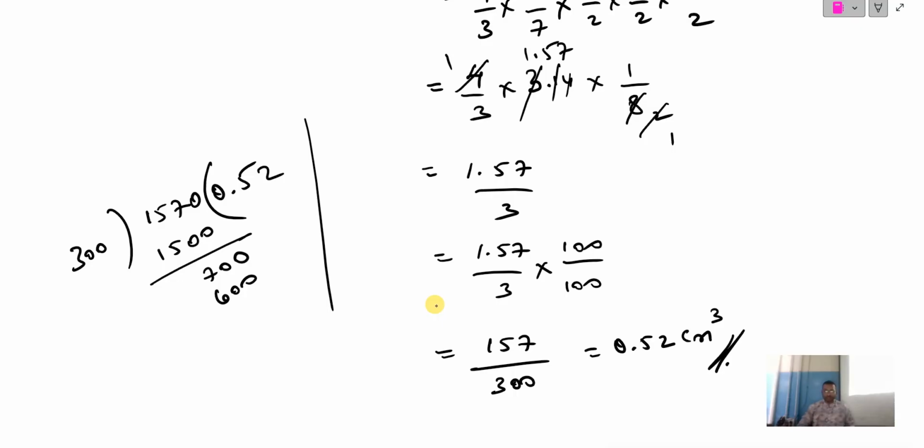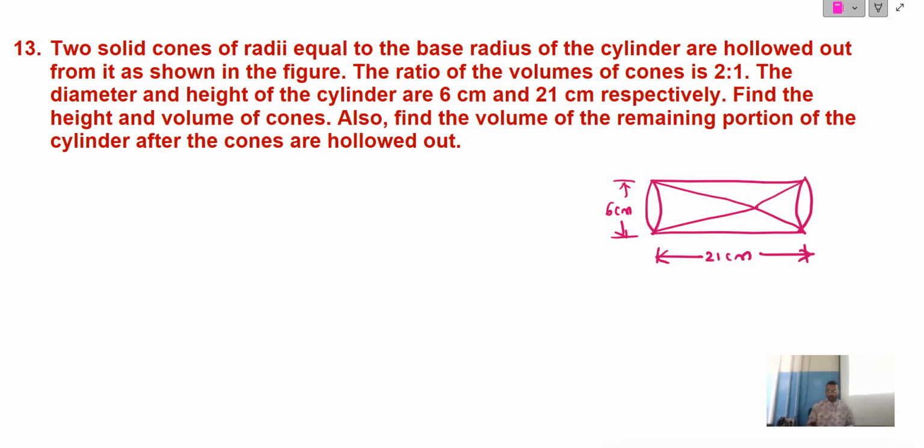Observe it. Let me study step by step. We have two solid cones. As you can see, here we have one bigger cone and here we have one smaller cone. What is the condition of radii equal to the base radius of the cylinder? These two solid cones, the radius is the same.